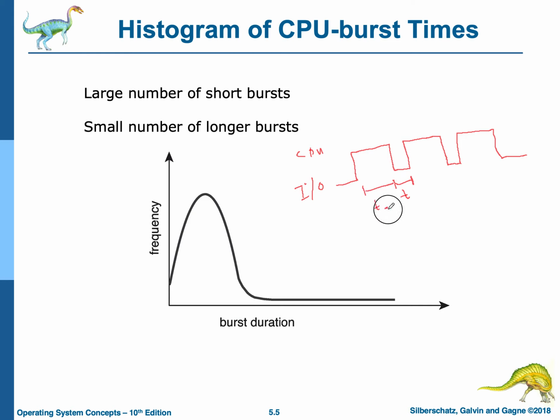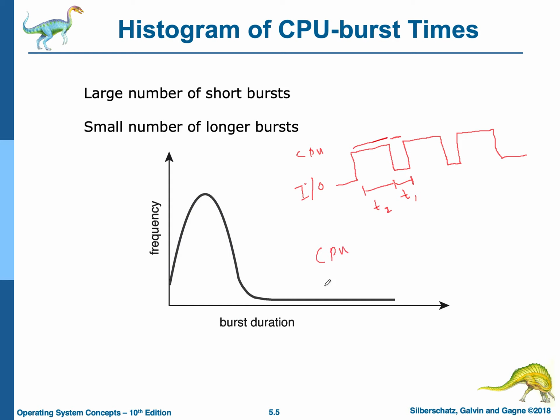Let's say it is T1. So this is CPU burst, and it has a long time, and the IO requires a small amount of time. So we might have a large number of short bursts, maybe many short bursts like this.